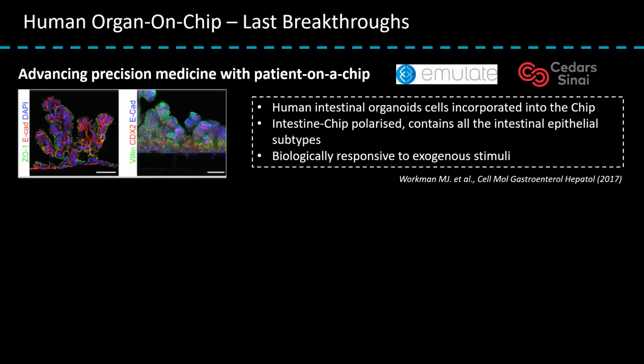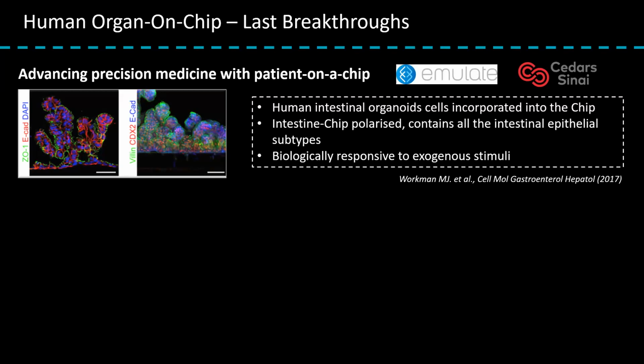There are a couple of examples of really striking and successful studies using the organ chips. For example, this study from the Emulate company, which is developing chips, and a hospital in the US, used what they call a patient on a chip for the gut, studying gut diseases. They were able to recapitulate the polarization of the cells exactly like it would happen in the body.